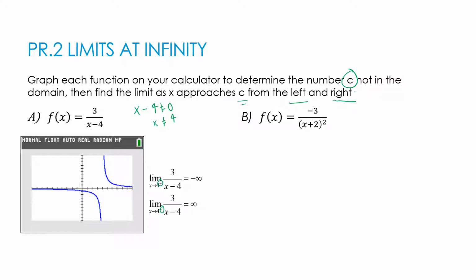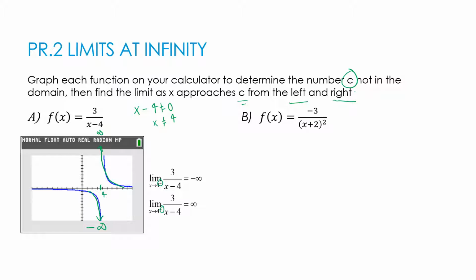So again, obviously this limit fails to exist, but as I approach 4 from the left, notice this is going down forever. It's decreasing without bound, therefore that limit is negative infinity. Whereas if I'm approaching 4 from the right-hand side, that function is increasing without bound to positive infinity.